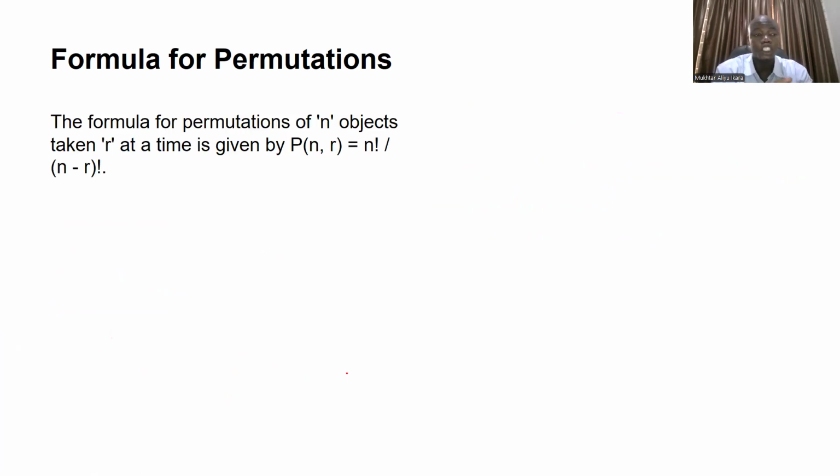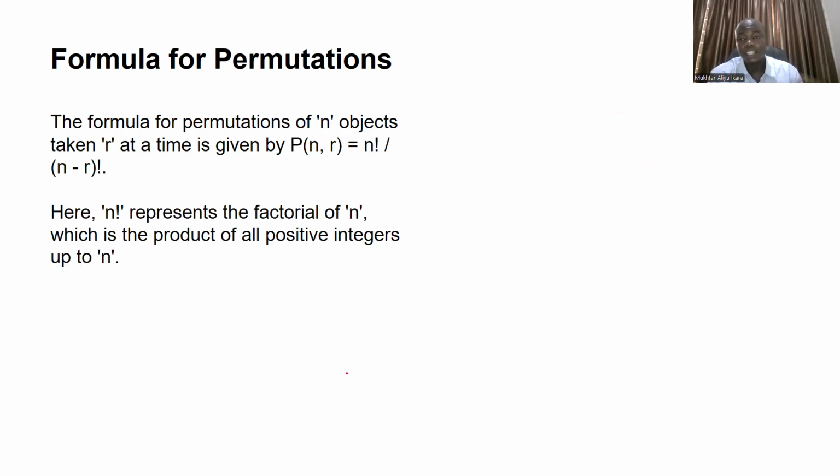So the next thing is the formula. What is the formula that is used in calculating permutation? The formula for the permutation of n objects taken r at a time, where r indicates the number of objects taken from the given set, is P(n, r) equals n factorial over (n minus r) factorial, as I described previously in the first slide.